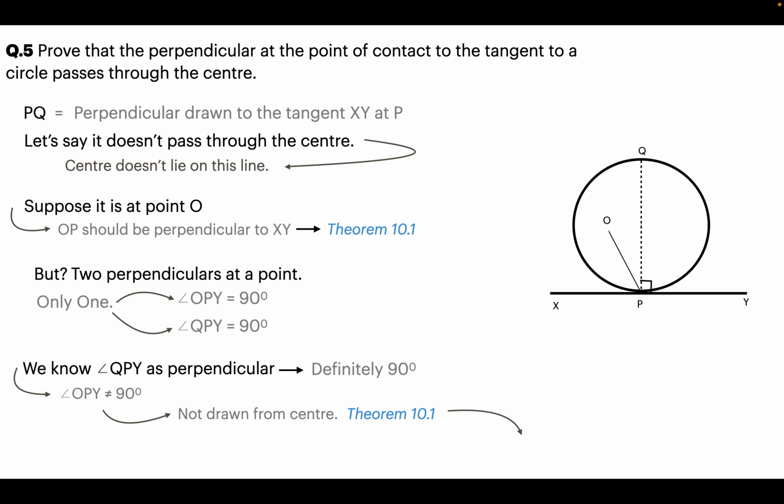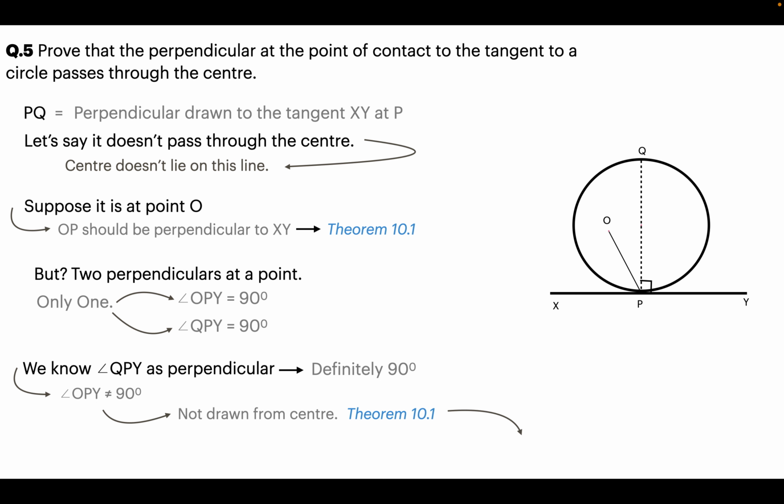So in order to make a 90-degree angle at P, O has to lie somewhere on the line QP. Only then it can make a 90-degree angle. That means O is not going to lie anywhere else except on the line PQ.